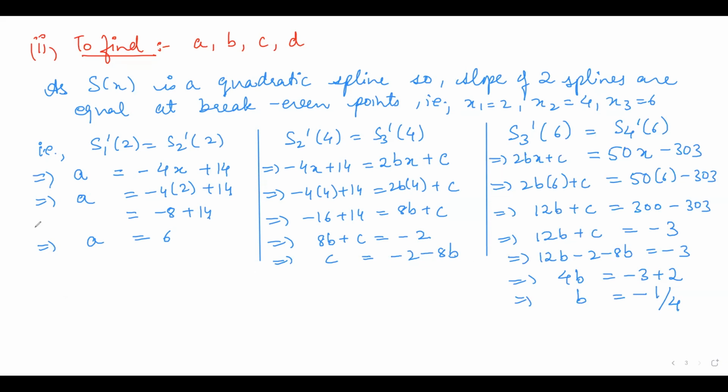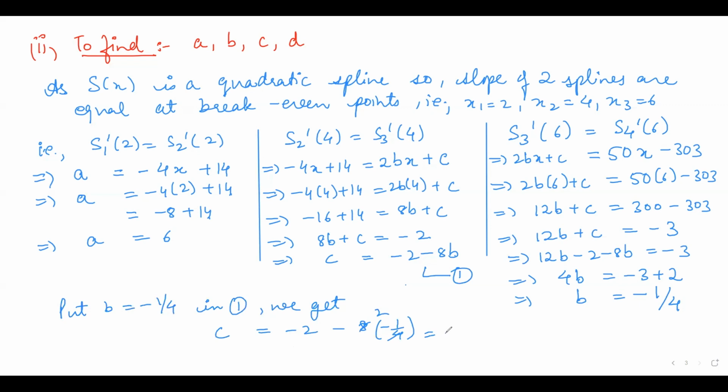So after calculating this, when you substitute, put b is equal to minus 1 upon 4 in this equation 1. We get c as minus 2 plus 2. So I am getting here c as 0.